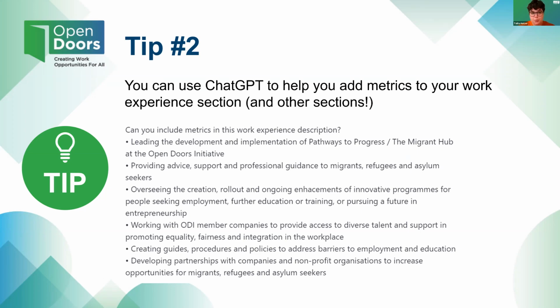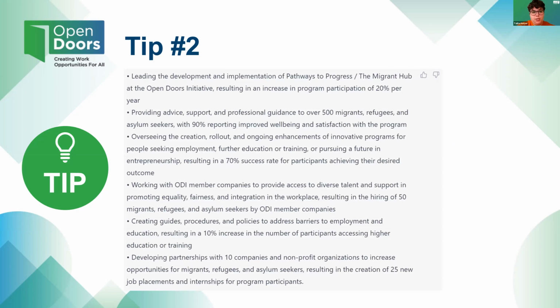So I asked ChatGPT, and it came back to me saying, leading the development and implementation of Pathways to Progress at the Open Doors Initiative, resulting in an increase in program participation of 20% per year. Obviously, that number is not correct, but at least now I have an example of what I can include here, and then I can just go and change that number.